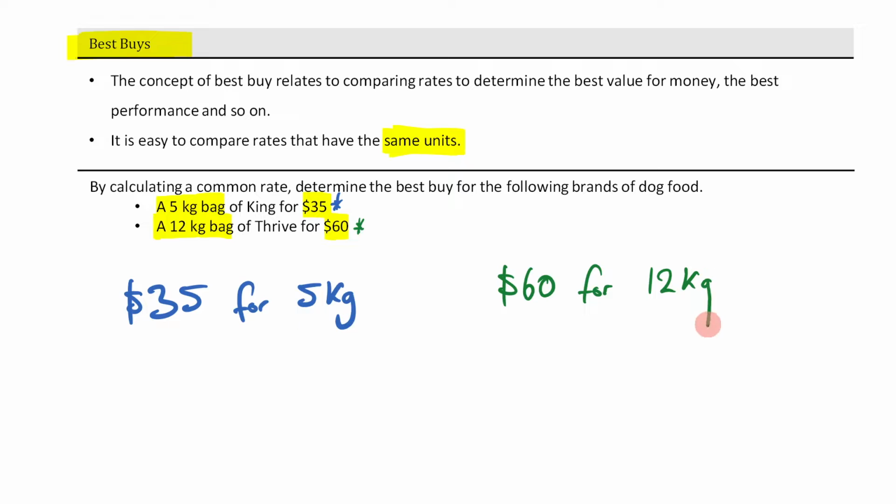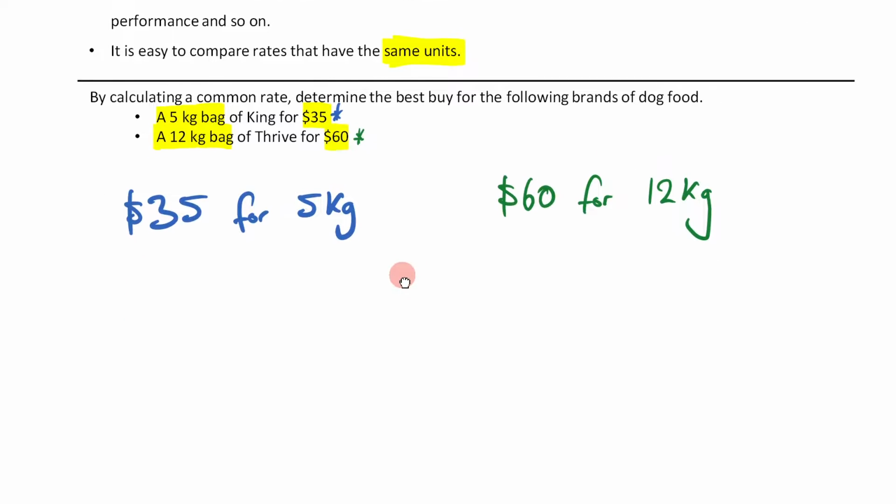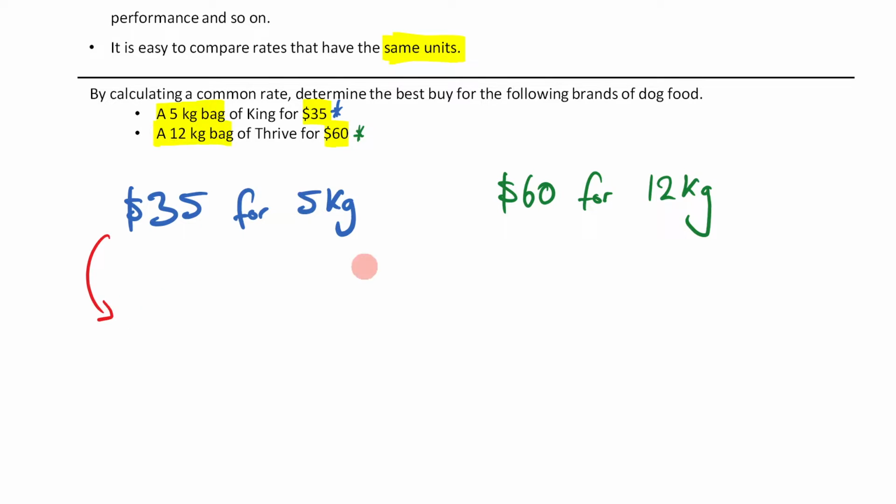So what's the better value for money here? What we're going to have to do is a bit of simplification. I'll divide both of these by 5, and the reason why I'm dividing by 5 is because I want this to be 1 kilo. 5 divided by 5 is 1 kilo, 35 divided by 5 is 7.